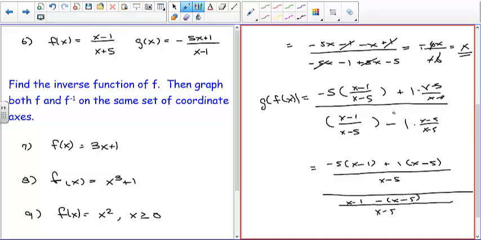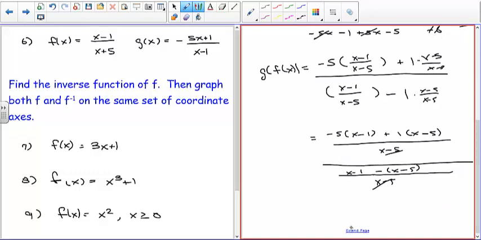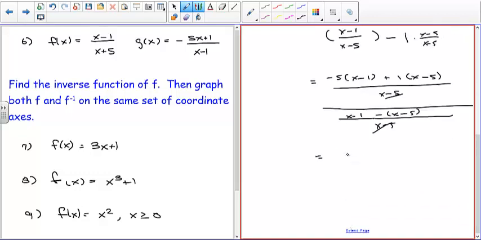So these combine together. You see those cancel out. So in the numerator I'm going to distribute these things out, so we get negative 5x plus 5, plus x minus 5, all divided by x minus 1 minus x plus 5.